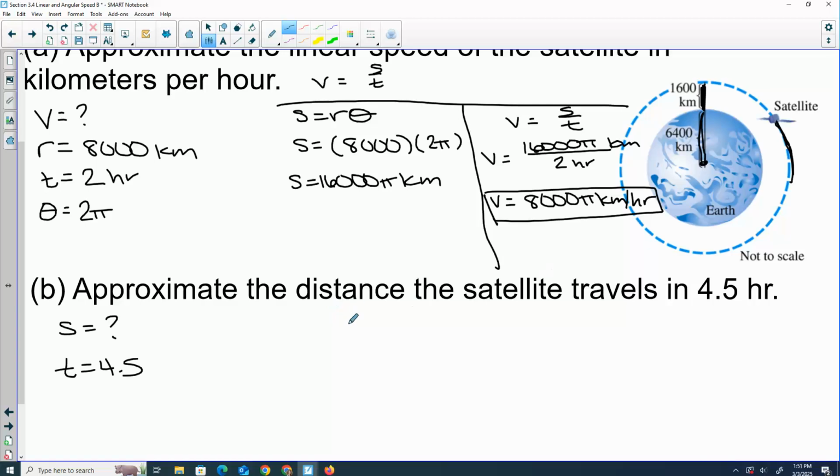We look, S equals R theta. We have the radius still. We could figure out our angle. Or we could do V equals S over T. Is the speed of the satellite changing? No. So if we use that, our speed was 8,000 pi kilometers equals S over 4.5.